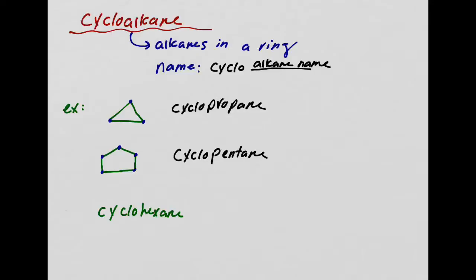If I'm going to draw cyclohexane, that means I have 6 carbon, right? So I'm going to have 6 sides. It's like a hexagon. Now, I have 1, 2, 3, 4, 5, 6 carbons attached together in a ring. Cycloalkanes are carbons in a ring. So you don't have to be a straight chain. You can also be in a ring.